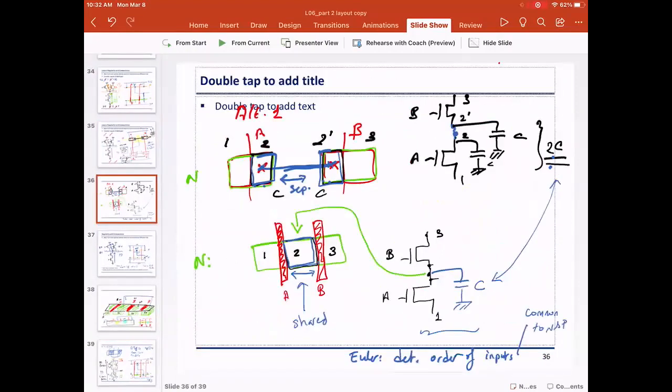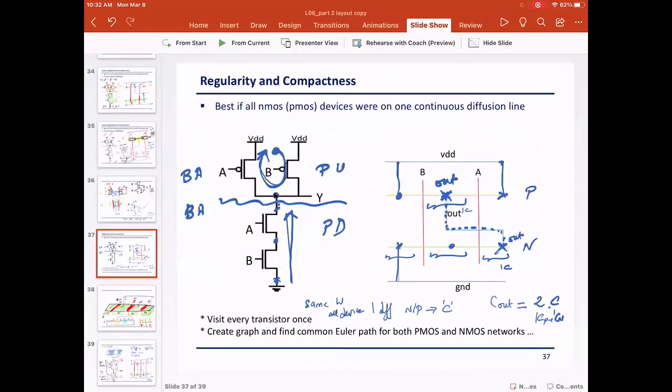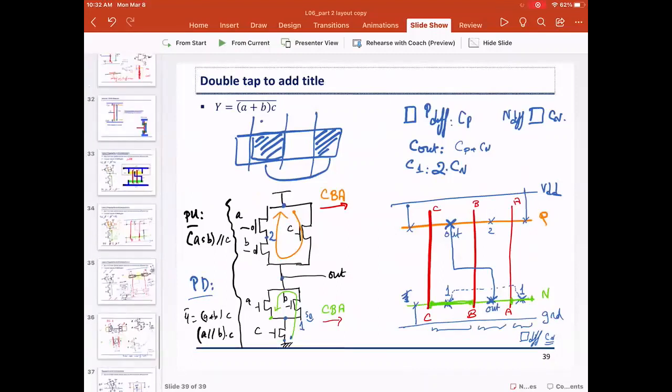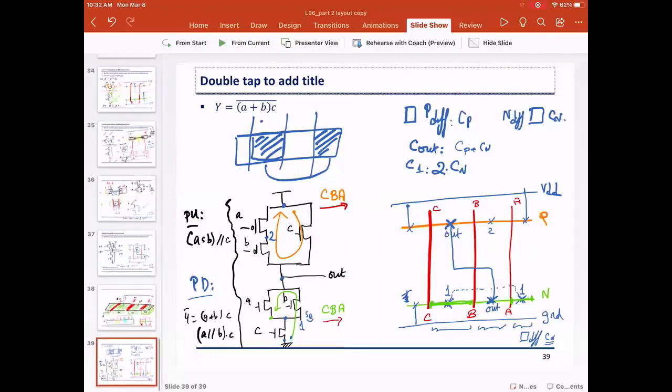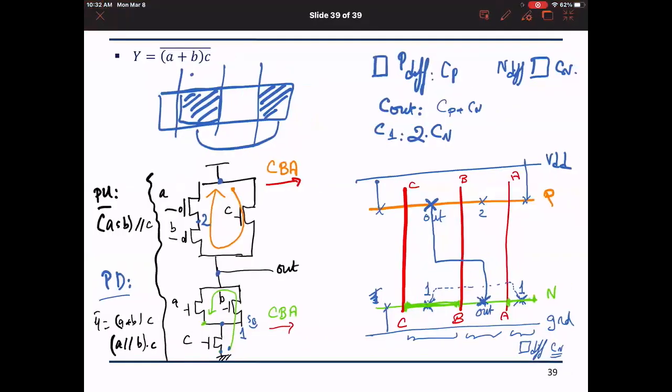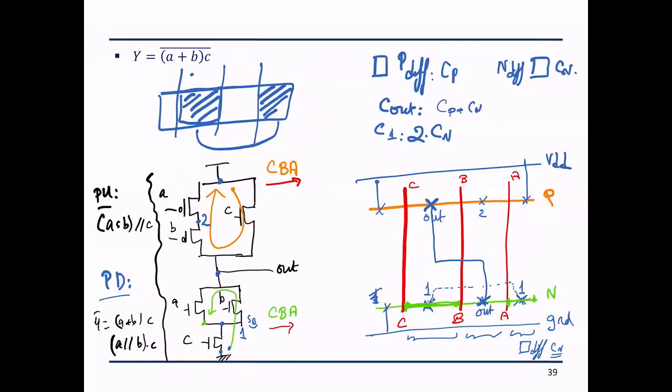When we drew the stretch for the 3 of them, maybe I erased it by mistake. I'm sorry. Here, like here, I have to draw the X, because I'm going from one diffusion to another and need to connect two diffusions together. But if the intersection means that they are connected, it doesn't need a contact. Here I drew the X because I'm connecting out to out. Okay, anybody has any other questions?